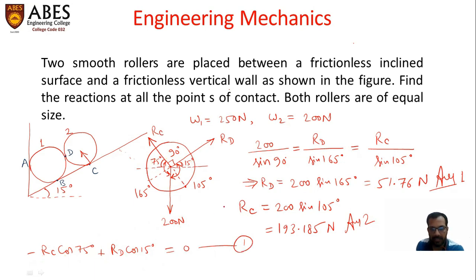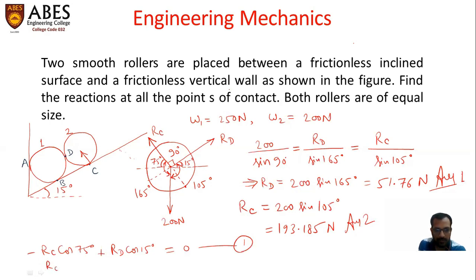And let's write the second equation for the vertical forces. The vertical component of RC and RD both will act in the vertically upward direction, and the opposite force is only this one, 200 newtons. So let's write the second equation.